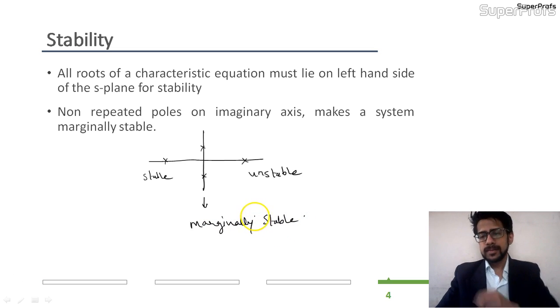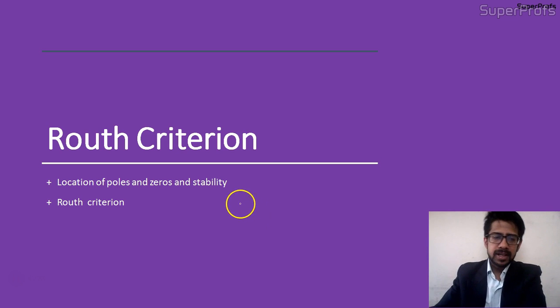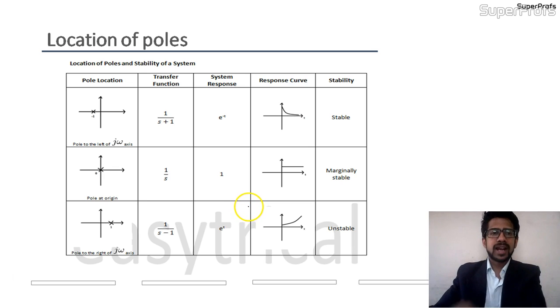Now let us see the graphical representation of location of poles and zeros and stability, and then go forward and see the Routh criteria. Routh criteria is developed according to the very rule that we studied just now. We will see what Routh criteria is. First, let us look at the location of poles and the stability notion.